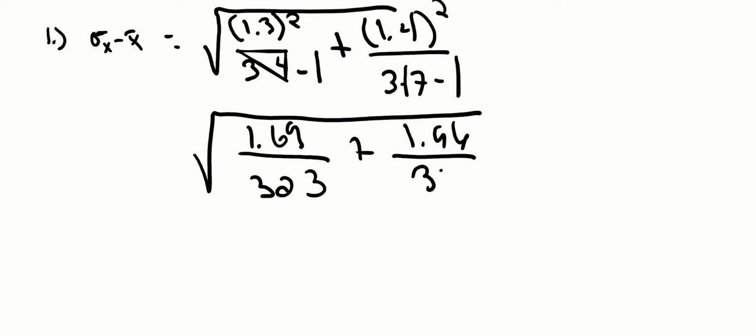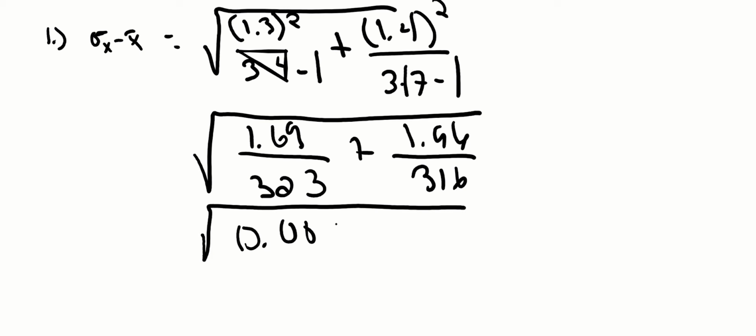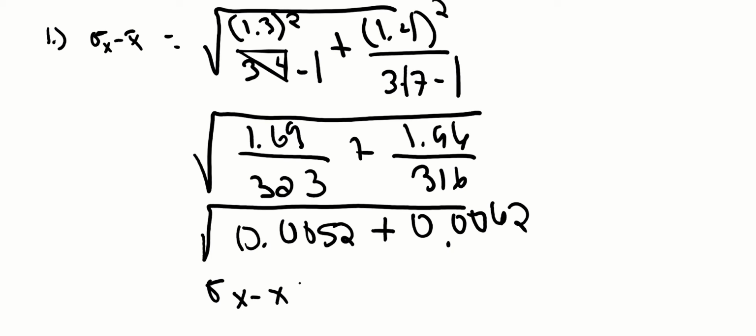Now we'll divide each of these by its denominator. For the first one, 1.69 divided by 323 gives us 0.0052, plus 0.0062.